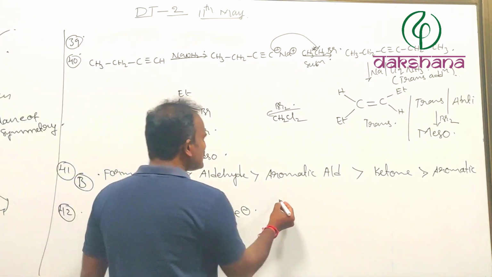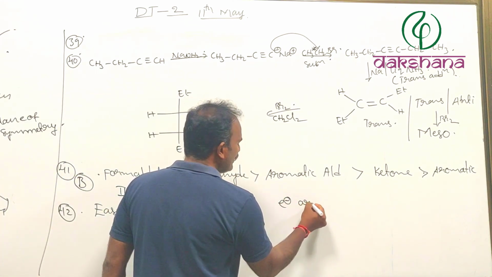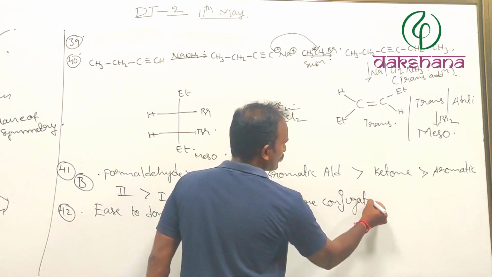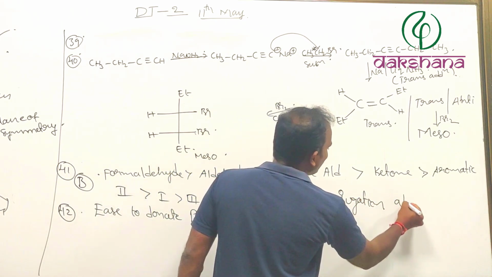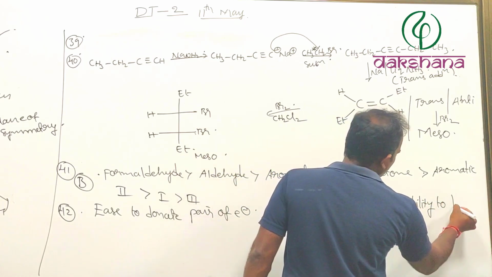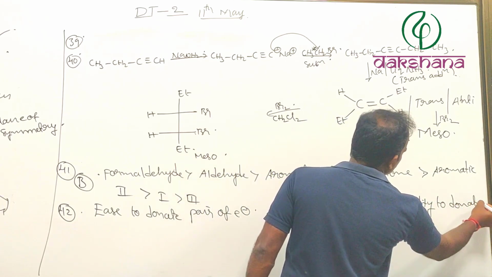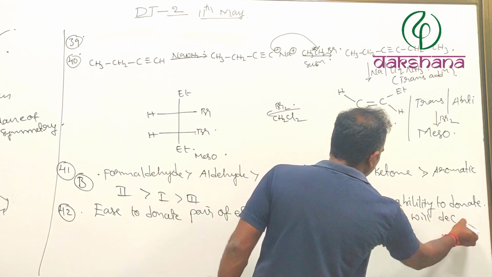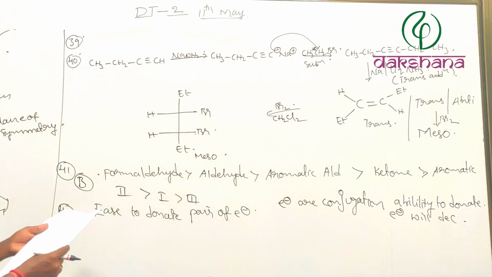If these electrons are in conjugation, the ability to donate electrons will decrease.